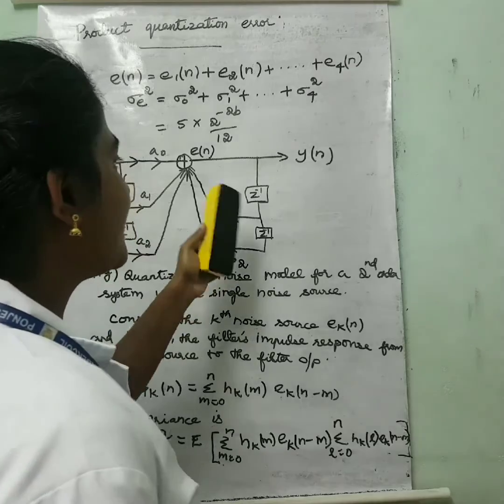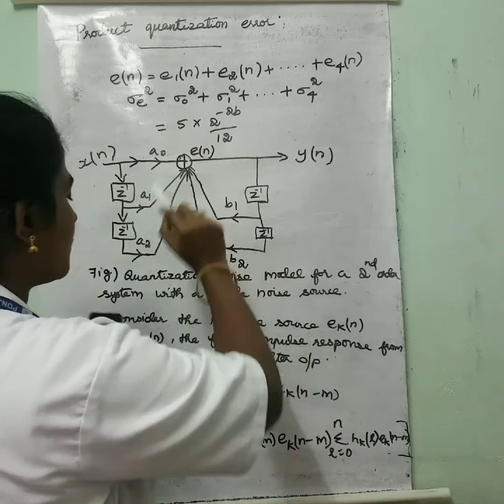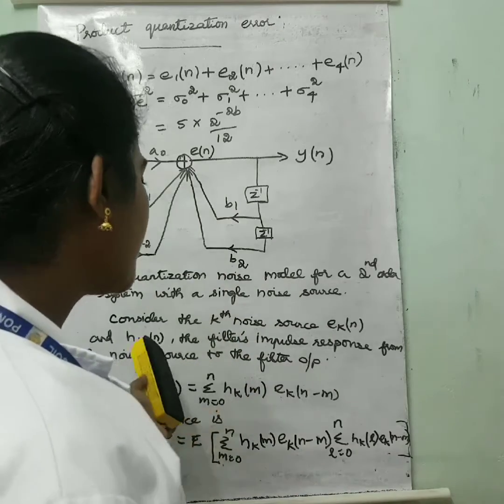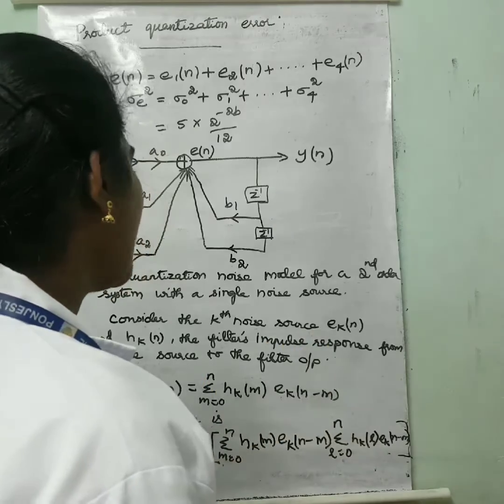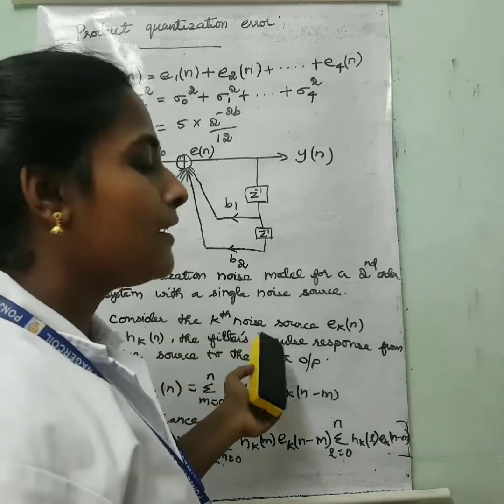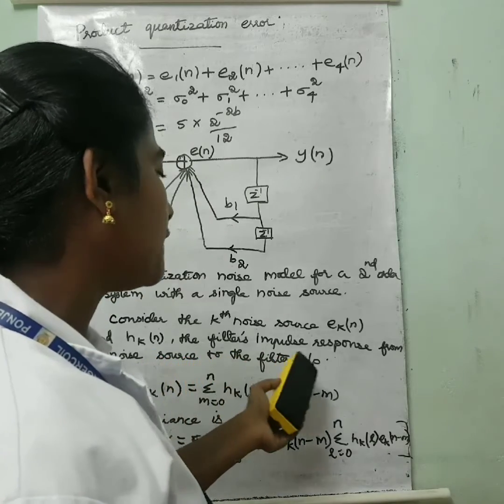Here all the E1, E2 are replaced by a single noise source. Now we can consider the kth noise source Ek of n, and Hk of n is the filter's impulse response from the noise source to the filter output.